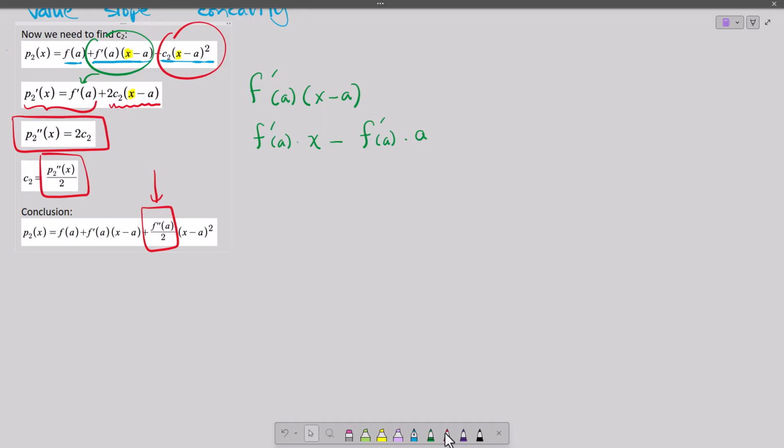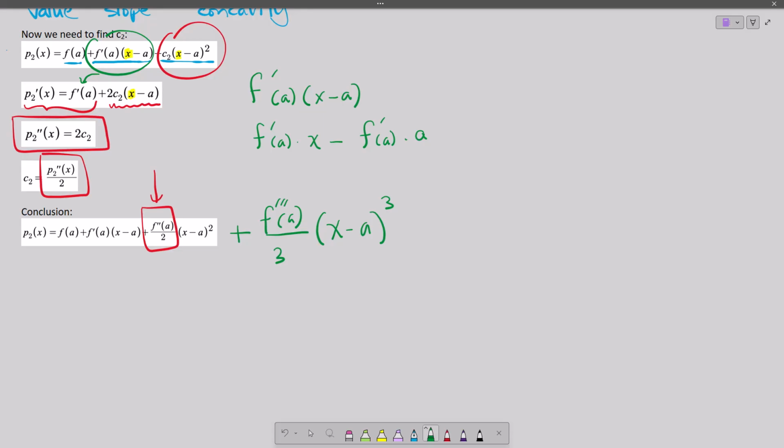If we were going to go to the third order approximation, what might you suspect? Let's put it in green. We're going to have an x minus a cubed so that the value, the slope, and the second derivative all match: value, slope, and concavity. What do you think this constant's going to be? F triple prime a over 3. So our first guess is f triple prime a over 3, and that is almost it.